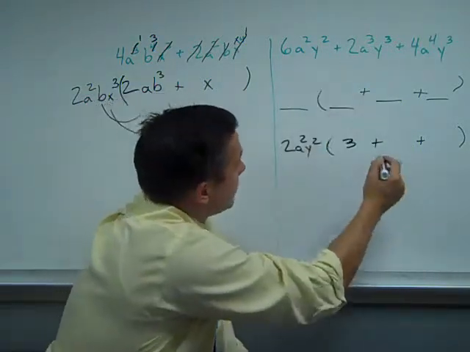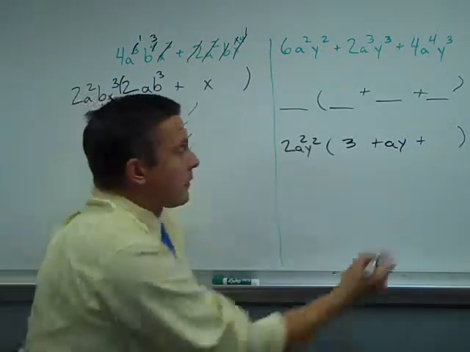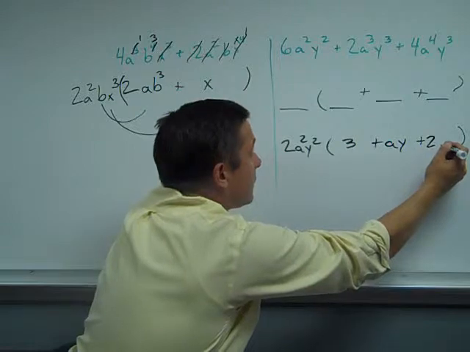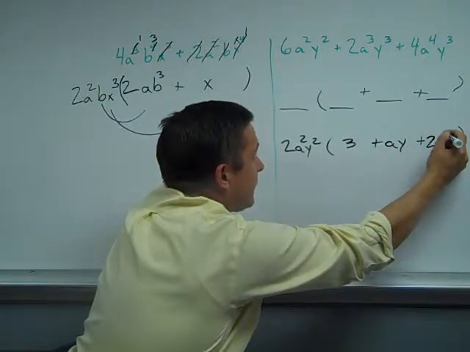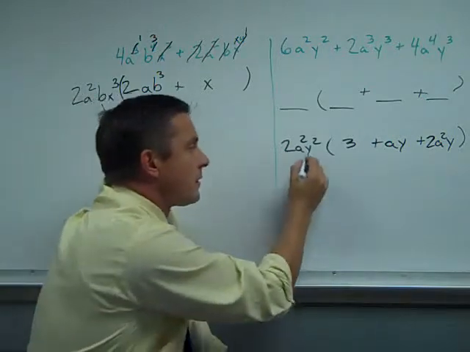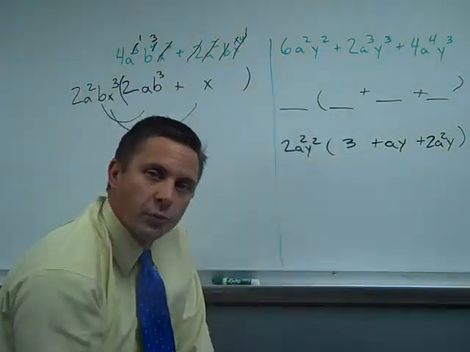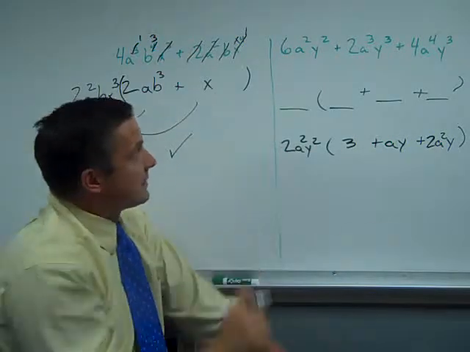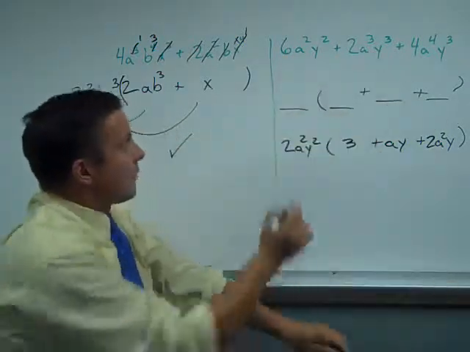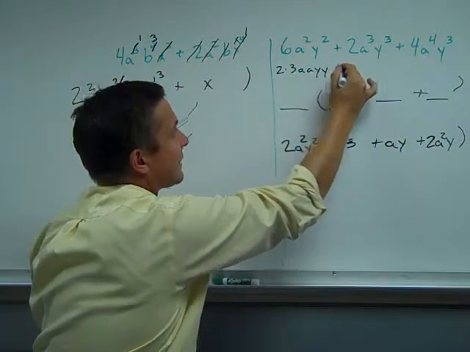On the next term, we get a 2 gone. I have an ay. On the last term, I have a 2a squared y. And again, you can check this by distributing and make sure it's exactly the same expression as it was in the beginning. If you're not seeing this, write out all the terms like we did in the last problem. And find the common factors.